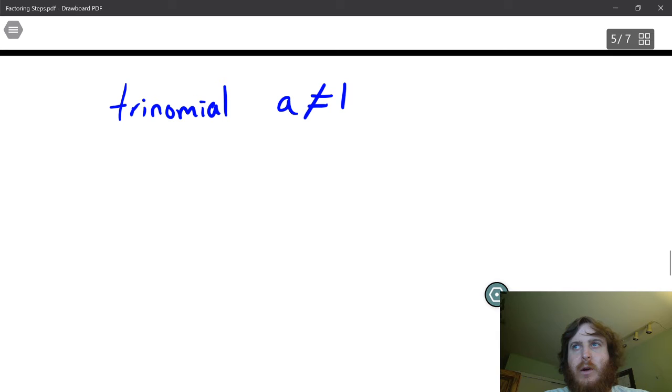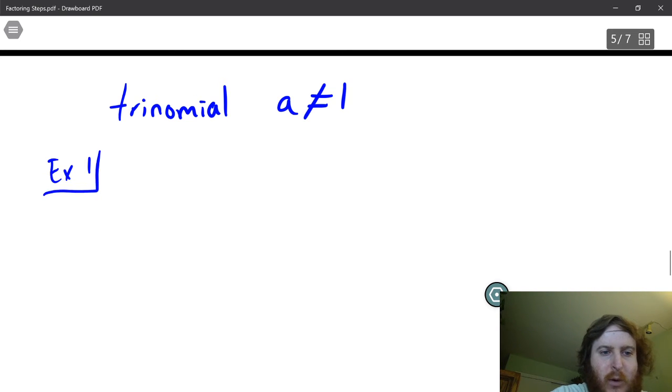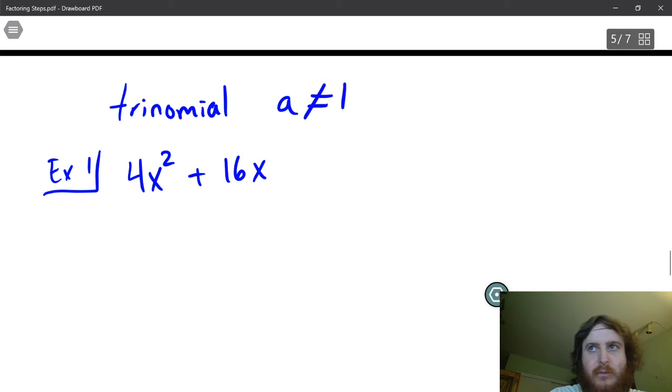Okay, and so sometimes we're going to get ones where we can actually just do the greatest common factor. So we might have one like this where we have 4x squared plus 16x plus 16.